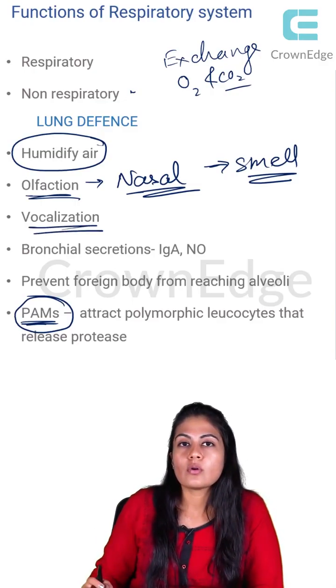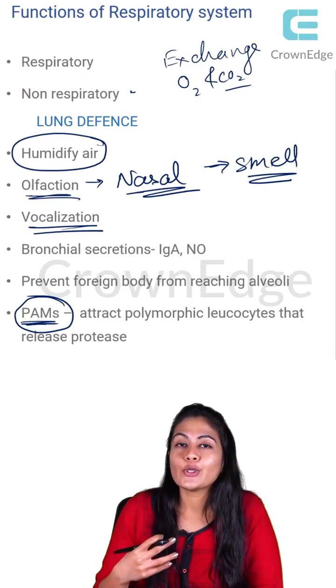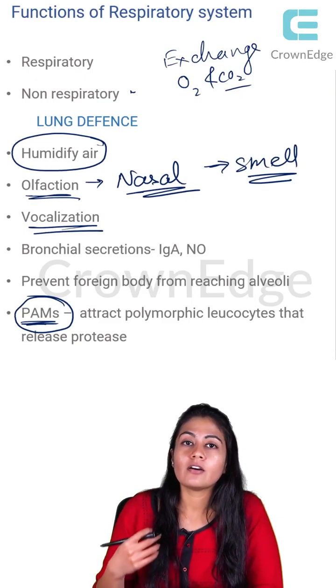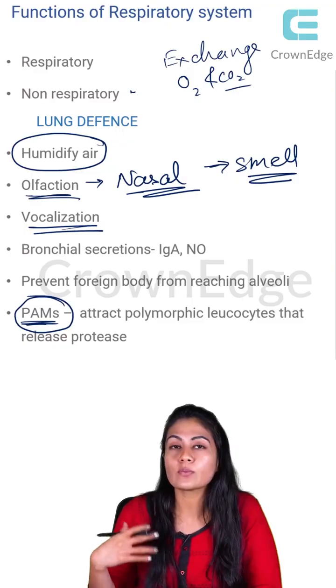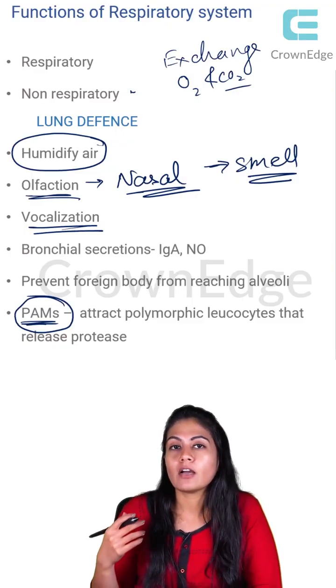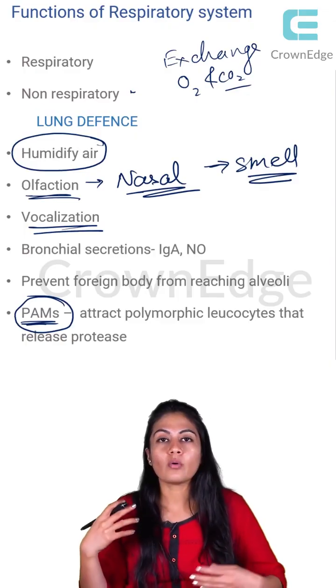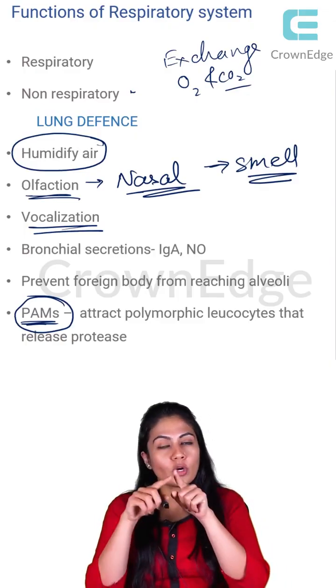Vocalization. Without air, you cannot speak, right? Try to close your nose and speak, the whole voice will change, right? How is the sound produced? The vocal cords are there.